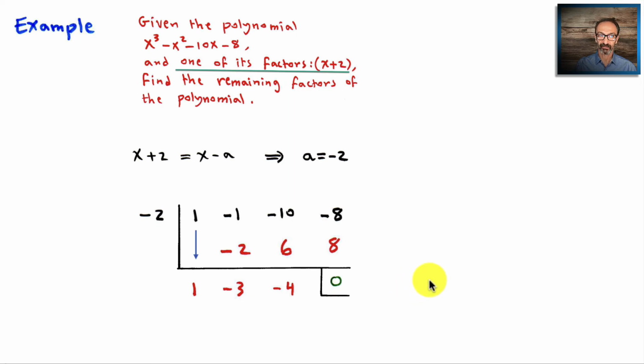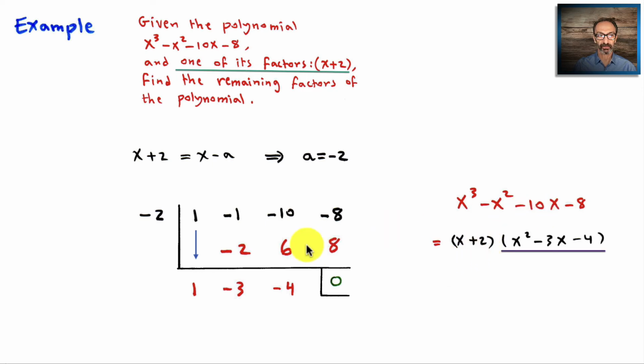What does that mean? This is a factor. x plus 2 is a factor, because we are dividing, as in long division, by x plus 2. The other factor, or the quotient, is down below. We're going to write it with x's. So our polynomial is equal to x plus 2 times x squared minus 3x minus 4.